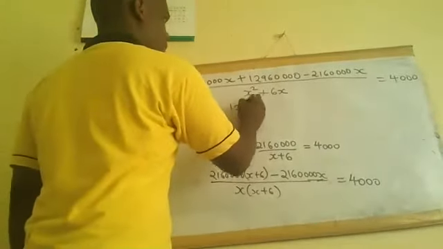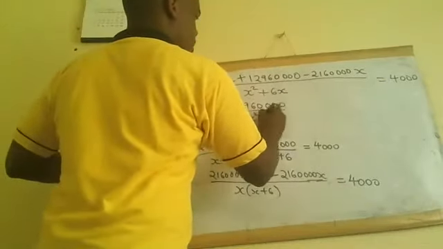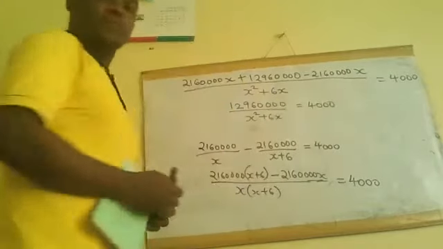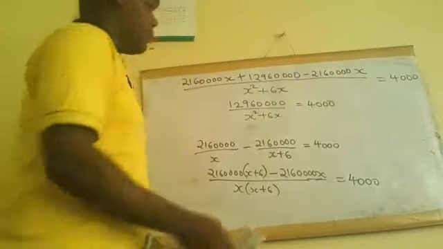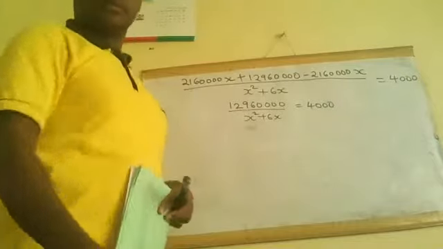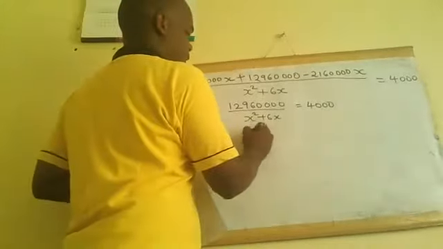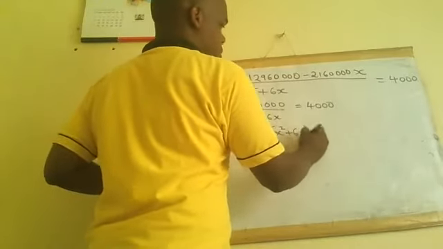And then you have 12,960,000 over x squared plus 6x is 4,000. Then you have 4,000 into x squared, that is cross multiplication.